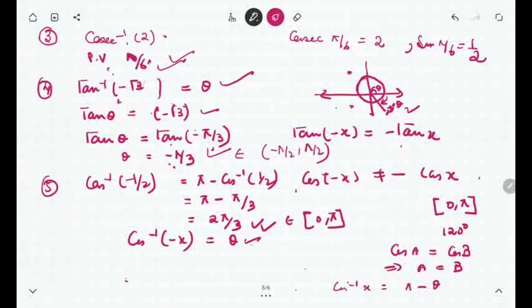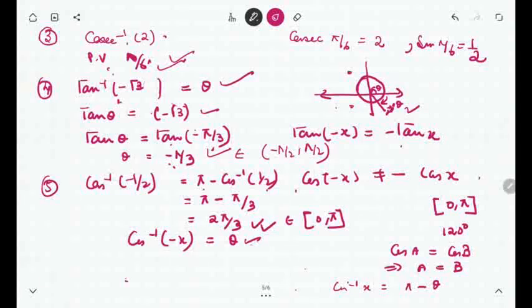Now cos inverse minus 1 by 2. Cos inverse minus x is not minus cos inverse x like sine. Why? Because let's solve this. This is equal to pi minus cos inverse x, and I'm going to tell you the derivation of this.